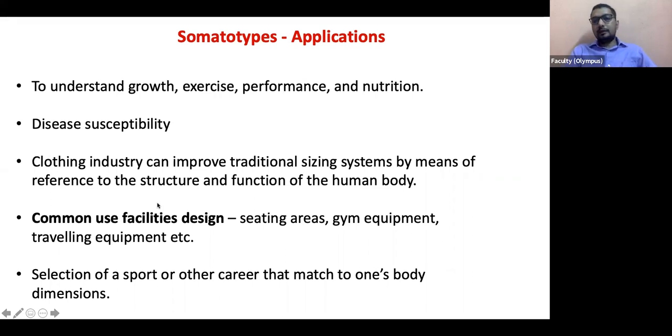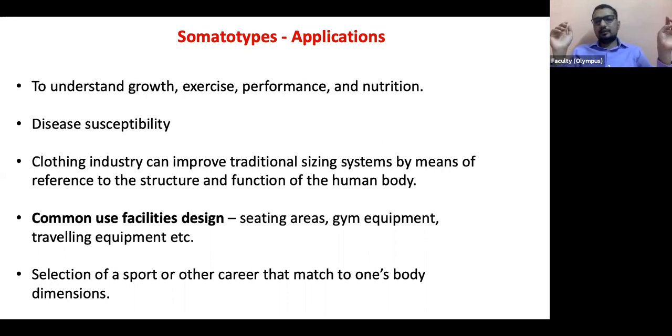Next, common use facilities design. In the process of designing common areas, for example seating areas, whether movie theaters or stadiums, what should be the average size of the seat, for example. Gym equipment, depending on the dimensions, you need to design the length between different equipment and the gap between two arms. So these dimensions are very important in designing gym equipment.